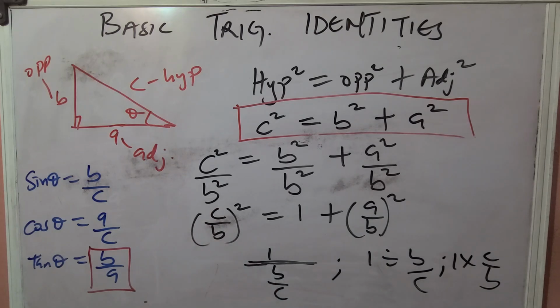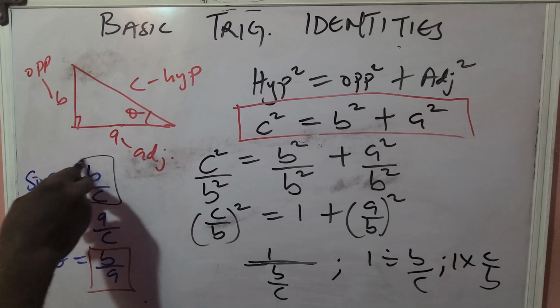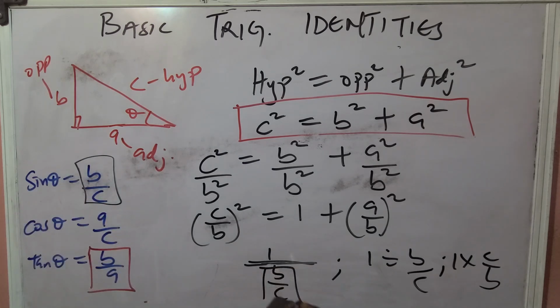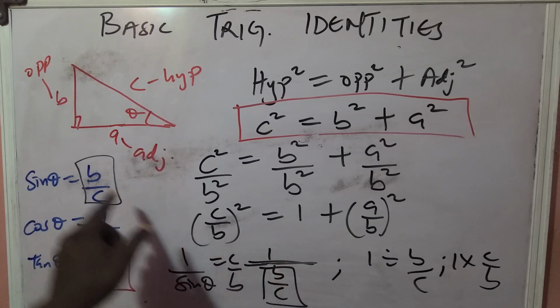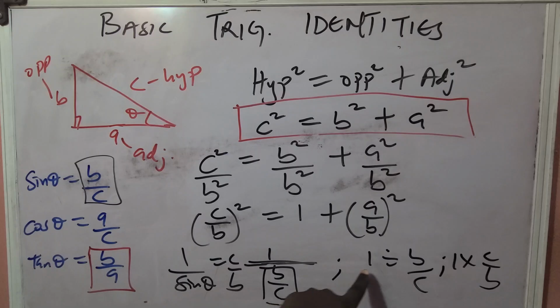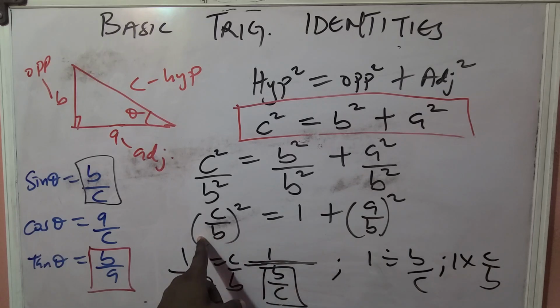Definitely, I'm sure you can see that c over b here was sine theta. That means if we say 1 over sine theta, we are also going to be saying c over b. Don't forget, when I said 1 over b over c, which was sine theta, I got 1 divided by b over c, and I was able to arrive at 1 times c over b, which was what we have here.